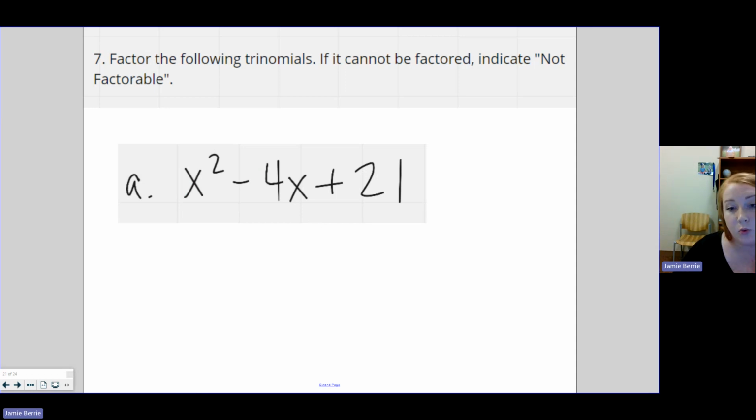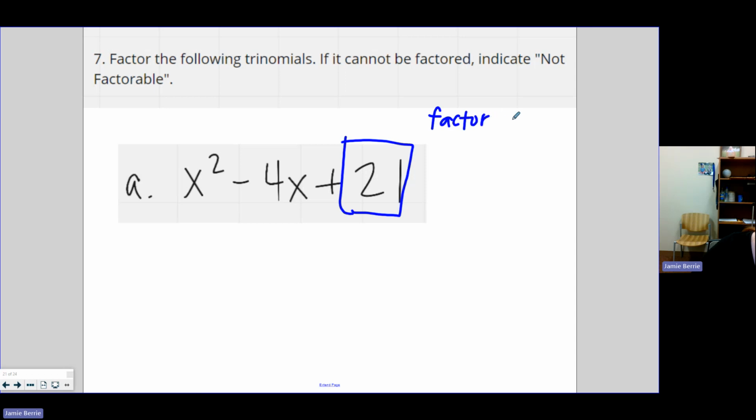All right, so what you want to do here is look at this last term, and come up with the factor pairs, things that multiply to give you 21.